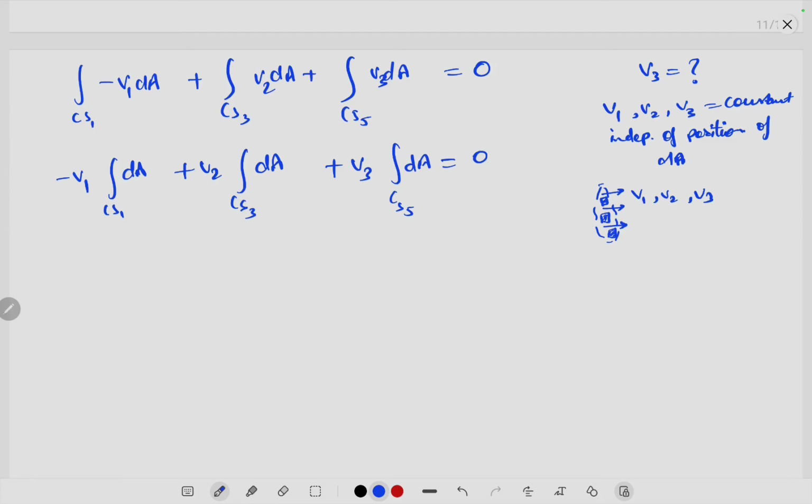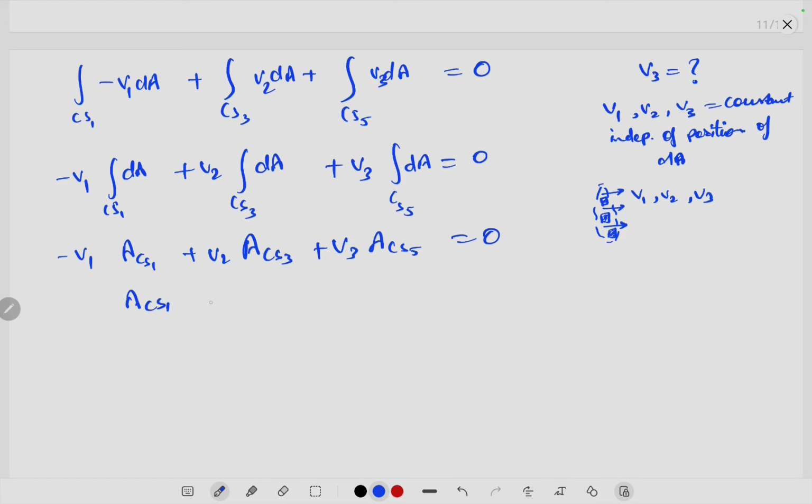equal to 0. Now what is dA integrated over CS1? That would be nothing but the area of CS1, and this would become the area of CS3, and this V3 times the area of CS5, equal to 0.